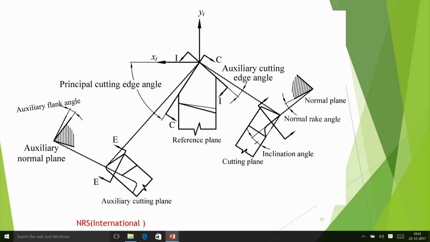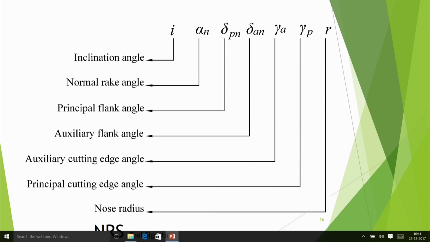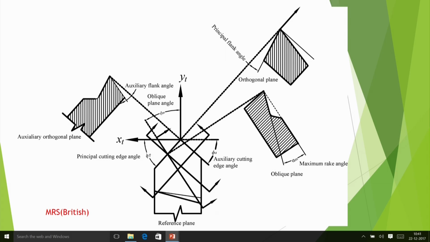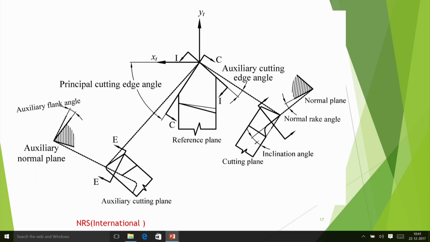Maximum rake system, which is a British system, is not in much use either by research community or by practicing engineers, but I have told you that system also, in which designation is based on a plane in which the rake angle is maximum. That also has been explained. Okay, so NRS system has been explained, MRS system has been explained.